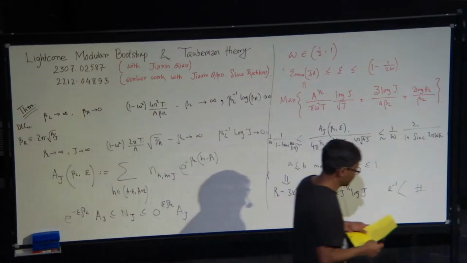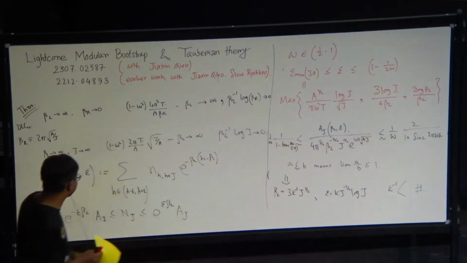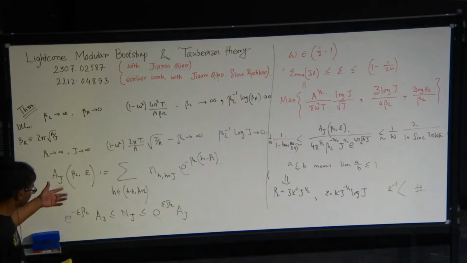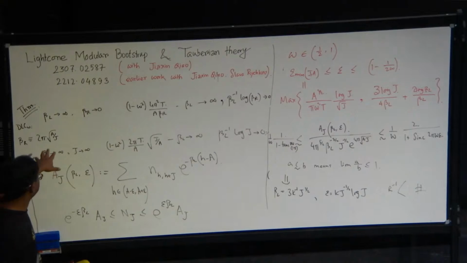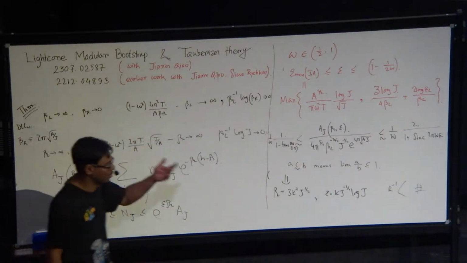Okay, is it clear? And once we have this estimate, we can also do a similar kind of estimate for the large central charge regime, where you have to define properly what we mean by the double light cone limit.